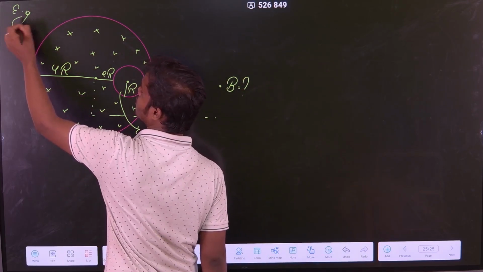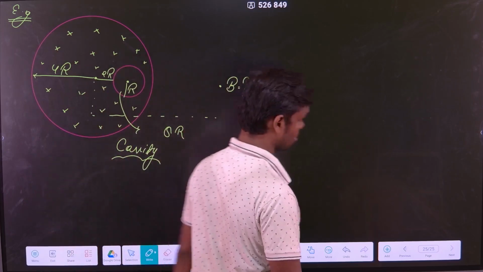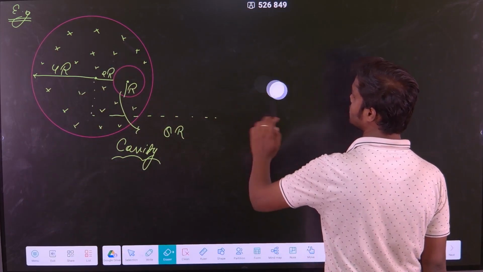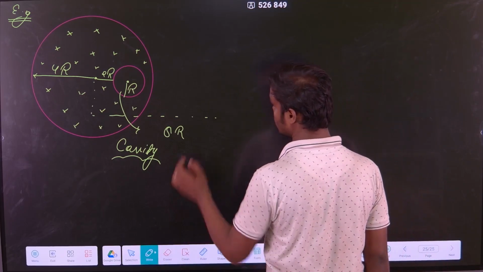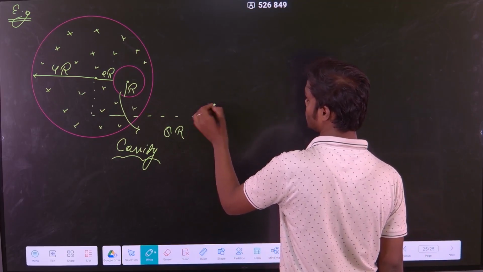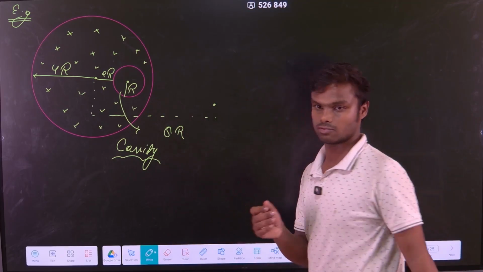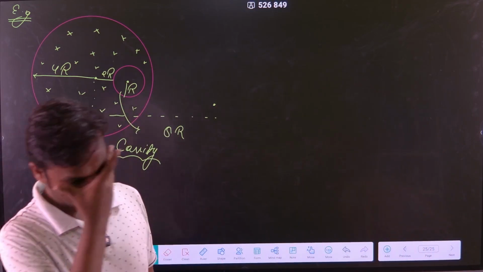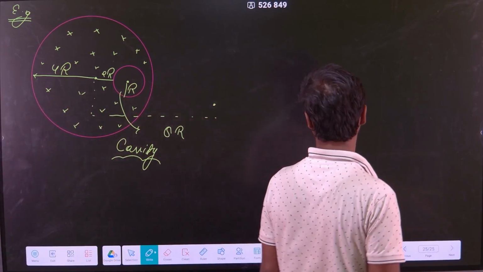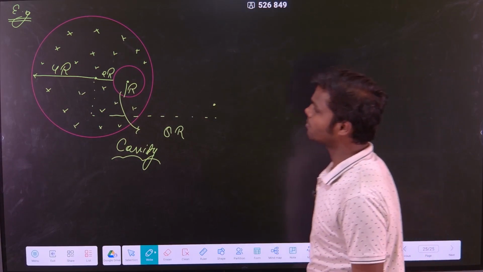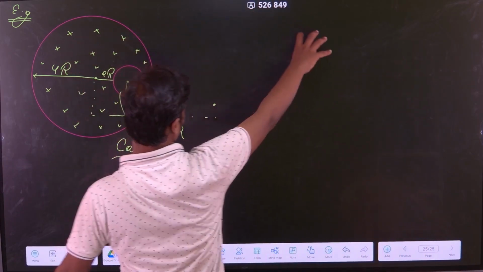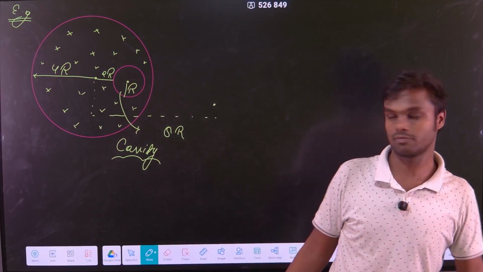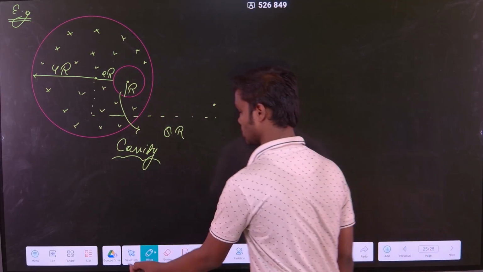If you know the concept, it's very easy for you to calculate the magnetic field at any point. What we have to do is replace this whole by plus sigma, plus J, then this one with minus J, like that, whatever I told you, the proper method for how to solve this.